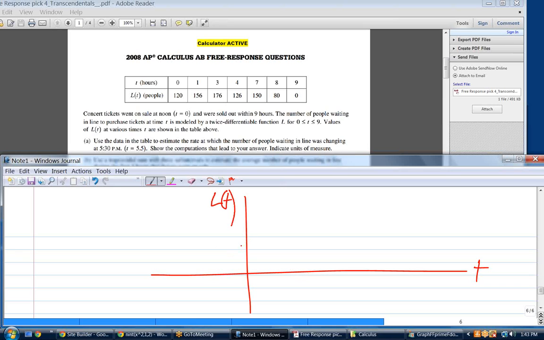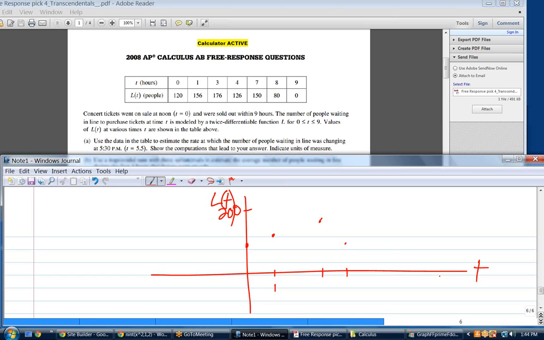So it goes from a low of 0 to a high of, we'll call that 200. So it's at 0, we start with that point. At 1, we go up to that point. At 3, we go to about there. No, not quite that high. At 4, we go back down to 126, right about there.